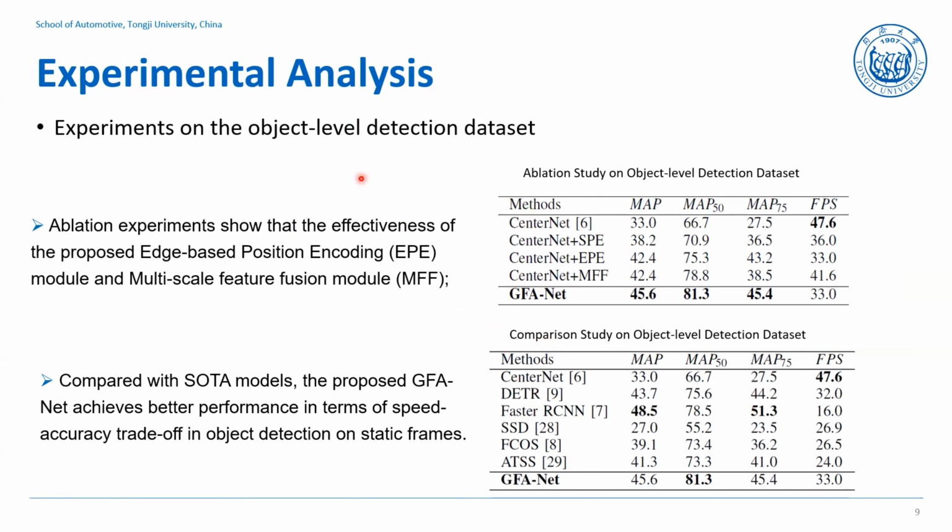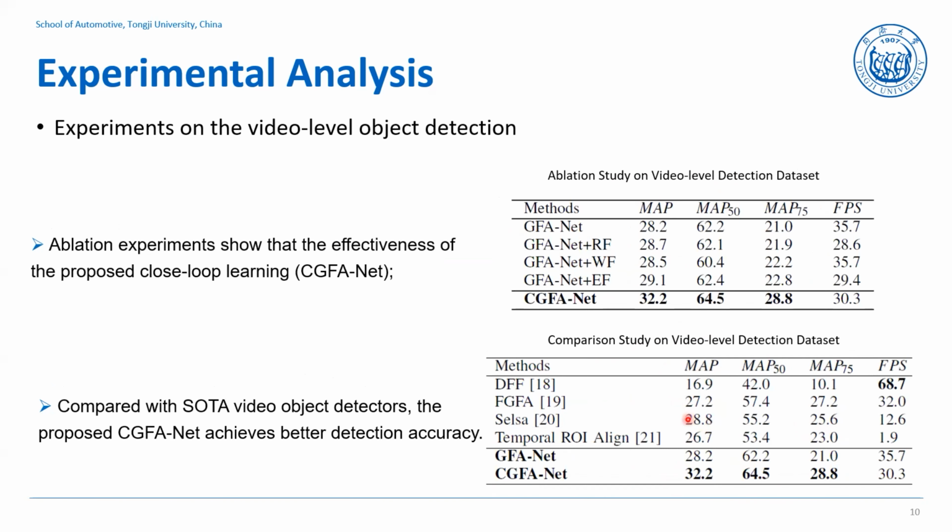And we further conduct experiments on the object level detection dataset. Ablation experiments show the effectiveness of the proposed edge-based processing encoding module and multi-scale feature fusion module, and compared with SOTA models, the proposed GFA-net achieves better performance in terms of speed accuracy trade-off in object detection on static frames.